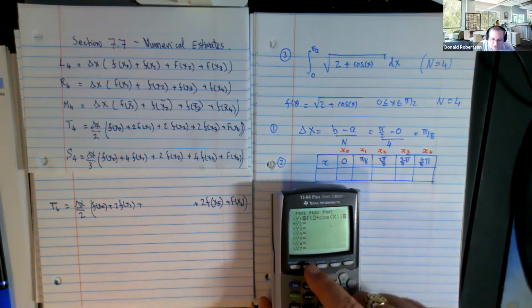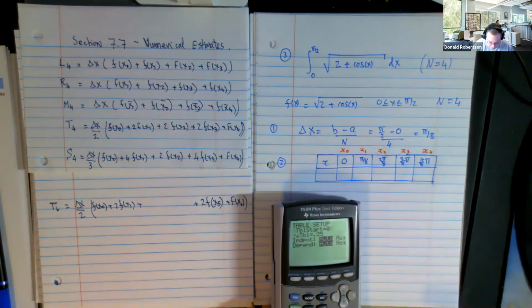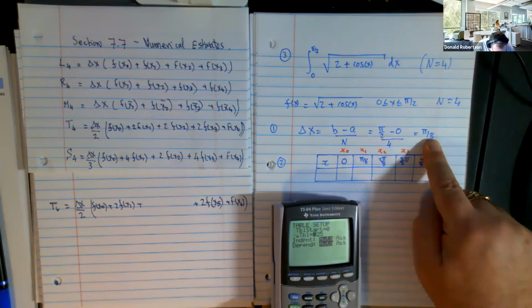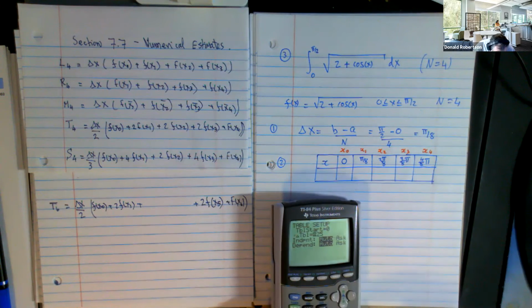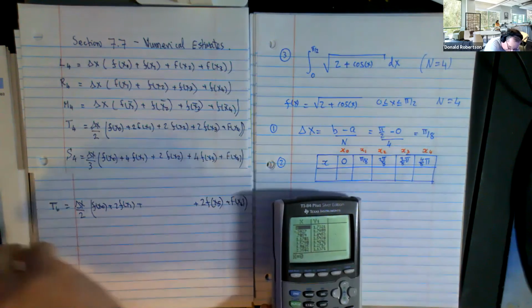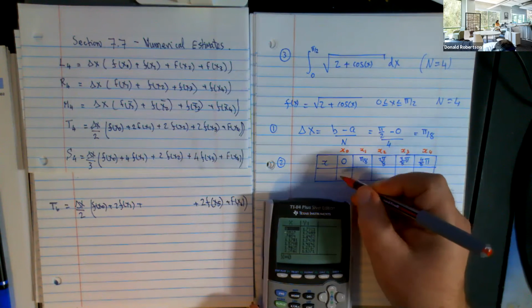I'm going to go to table setup. And table setup is going to start at 0 because my table starts at 0. And it's going to go up pi upon 8. So I'm going to go here and type in pi divided by 8. So that's how I got the table set up, right? And then if I go second table, here are all my answers. At least to 4 decimal places, here they are.